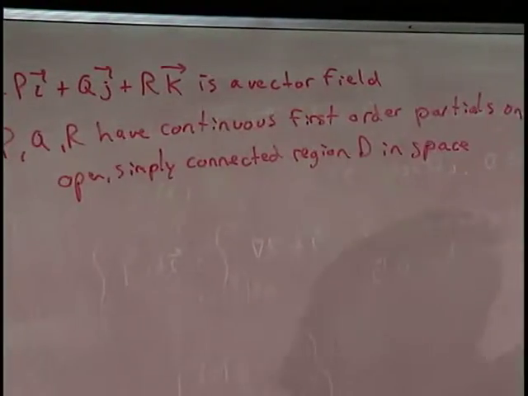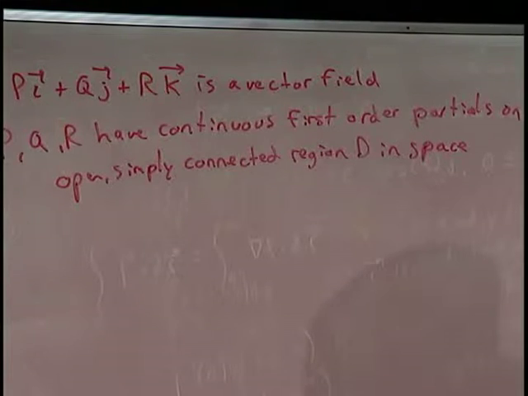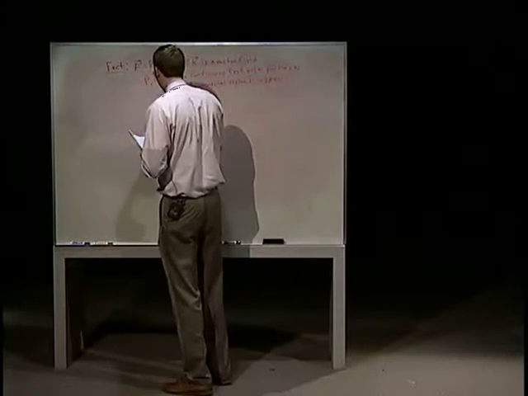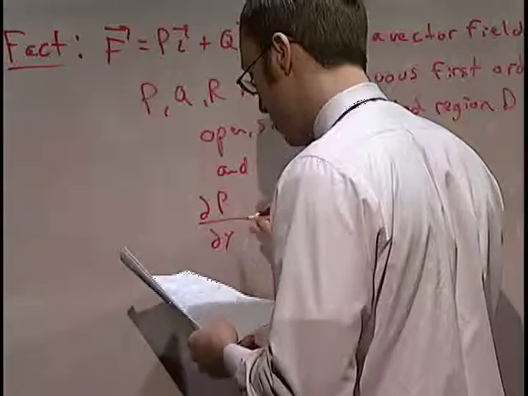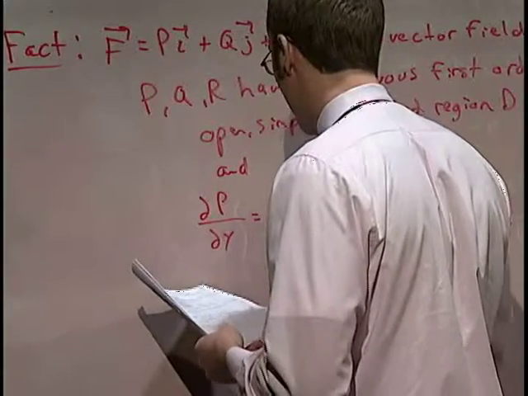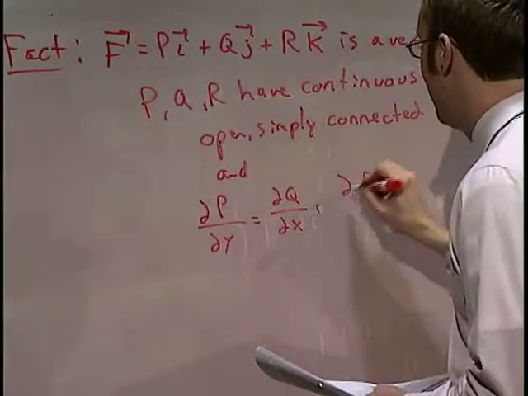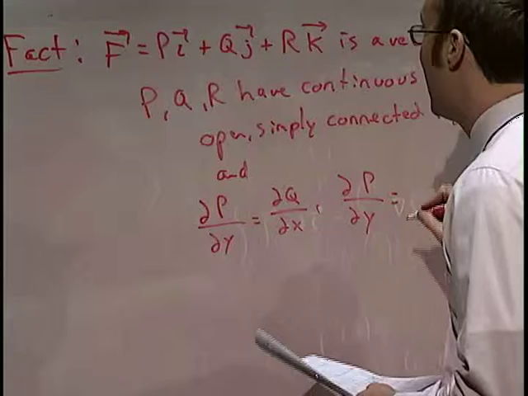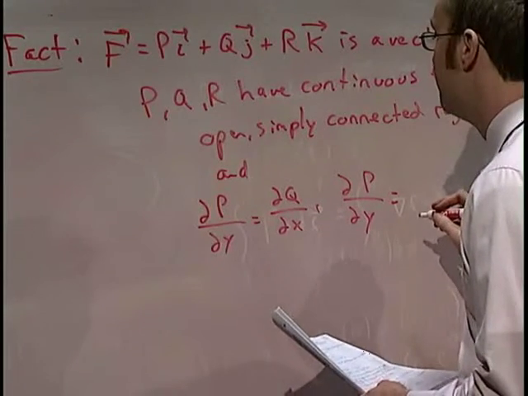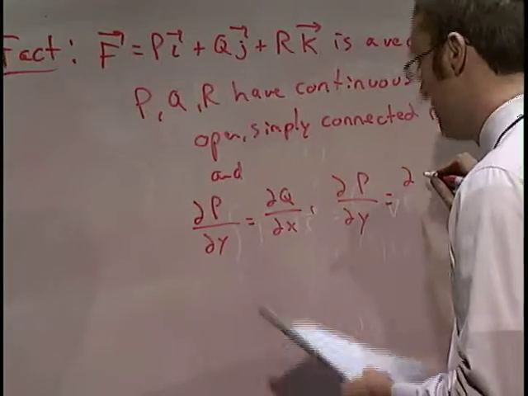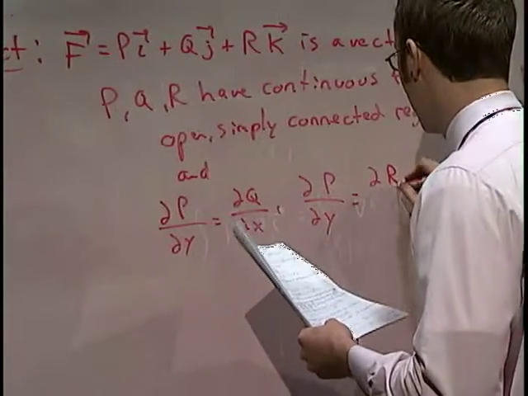We're not in the plane, so we're in space. And then the following relationships hold. Partial P, partial y is partial Q, partial x. Partial P partial z is equal to partial R partial x.